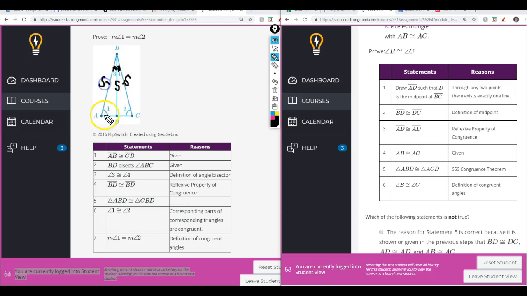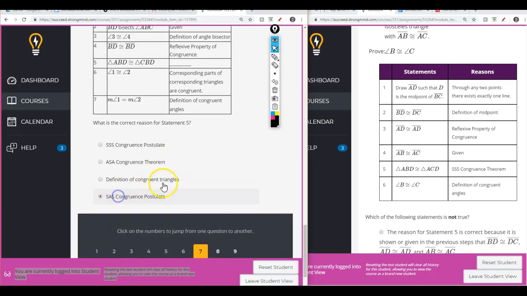So we have side, angle right here, our crocodile mouth, and then a side. We have a side, here's our tiny angle, and then the side. So we have side, angle, side, based on what they gave us. So this is a side, angle, side congruence postulate.